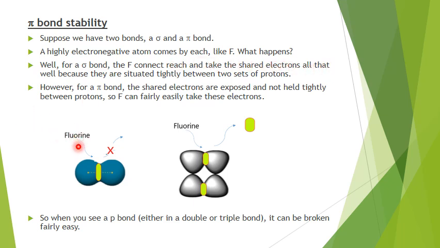It tries to come in and take them, but those electrons are stuck between the two nuclei and it can't take them. On the other hand, with the pi bond, fluorine comes in, and these electrons aren't locked in position. The fluorine can come and take them away. So when you see a pi bond, either in a double or triple bond, it can be broken fairly easily.